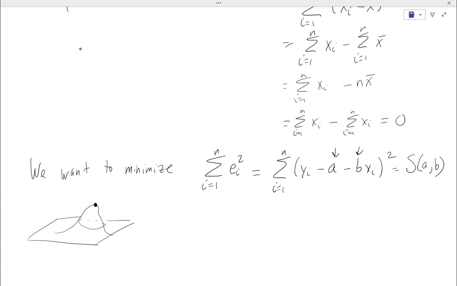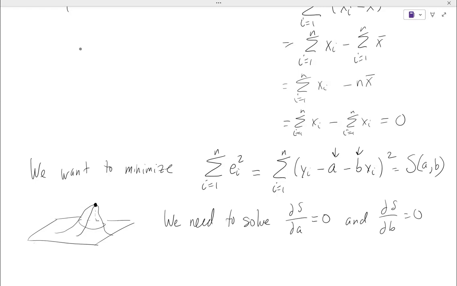In my y direction, it also needs to top out in the y direction. Remember, the x direction would be your partial with respect to x, and your y direction would be your partial with respect to y. So we need to solve the system: the partial of S with respect to a is 0 and the partial of S with respect to b is 0.